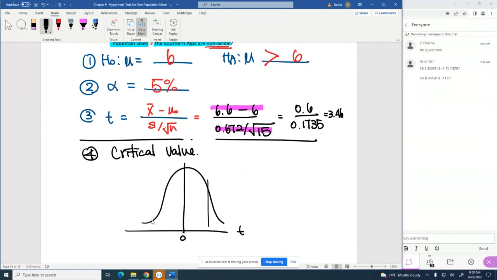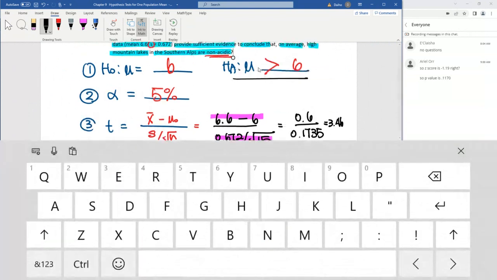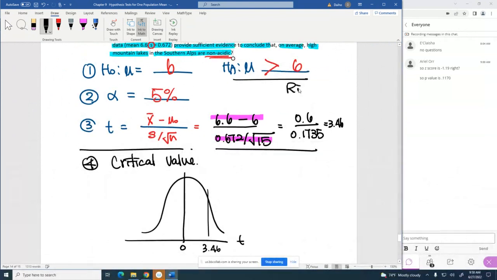Before, we plugged the test statistic 3.46, and since it's greater than, it was the right tail. So we got the right tail probability from the z table for the p-value. Do you remember that? That is the p-value approach in the z-test. Ignore it. Now we plug the alpha.